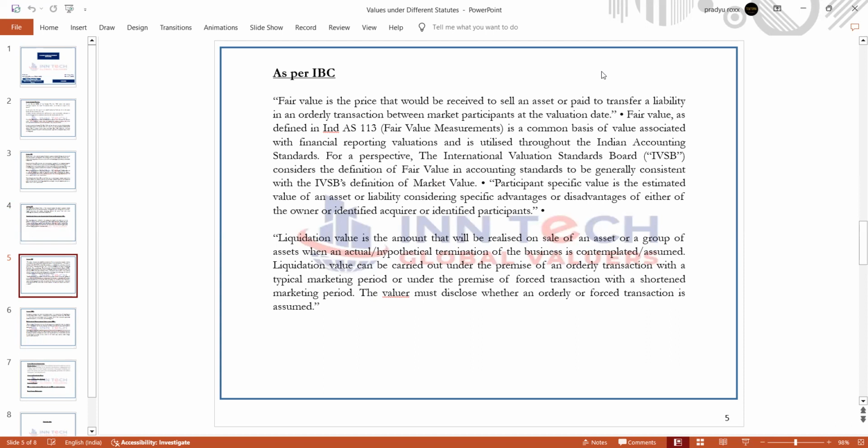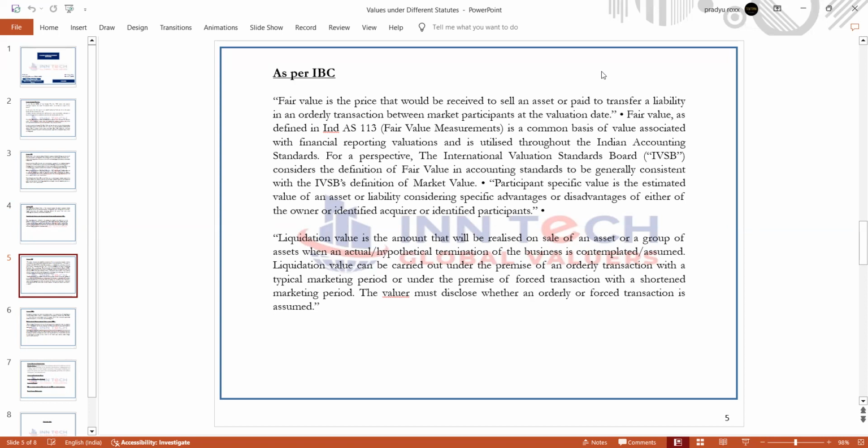It takes care of the premise and basis of value, like if it is a going concern, the highest and best use. That's called HABU. The highest and best use value should be taken.